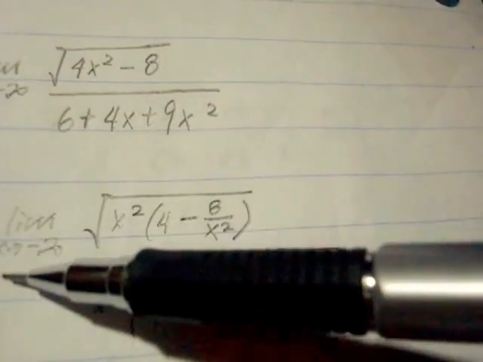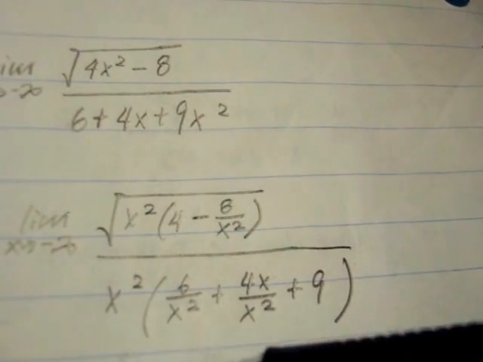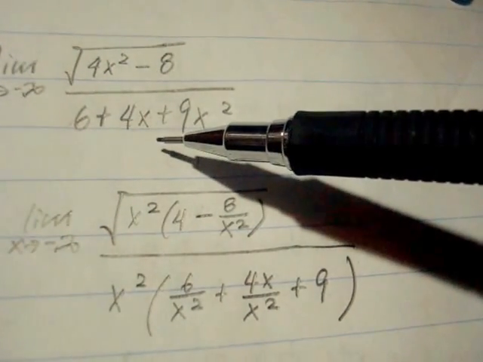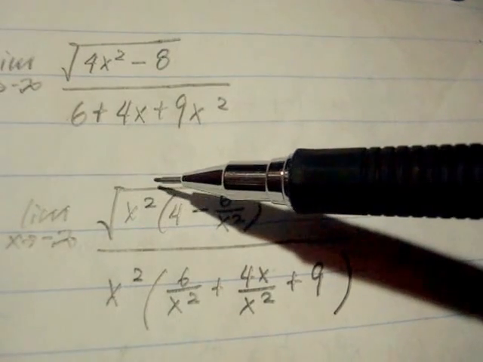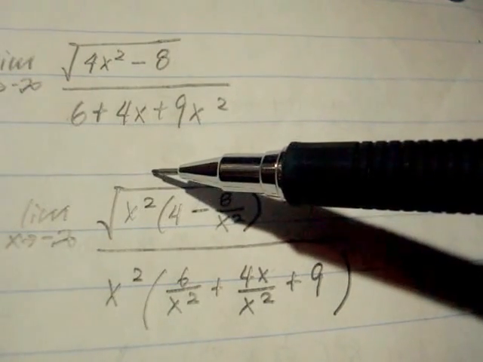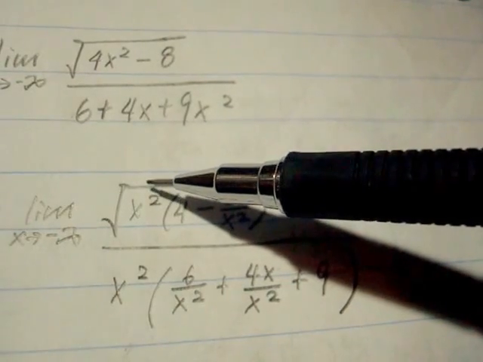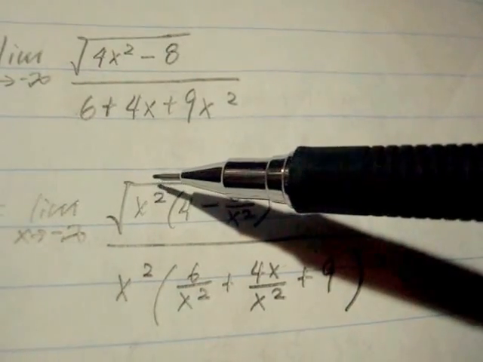So once you isolate the leading term, the point of isolating the leading term is that at the end you could cancel it. That's the whole concept of why you need to isolate the leading term.